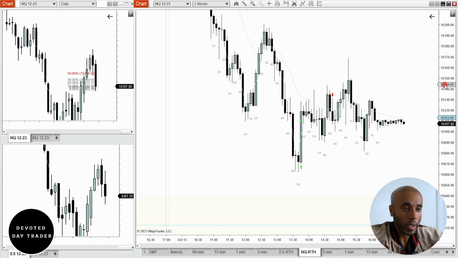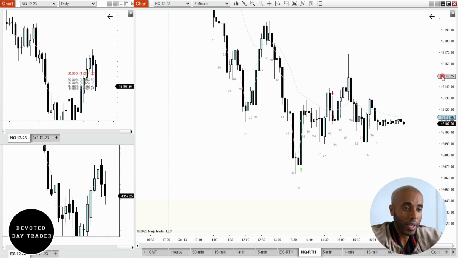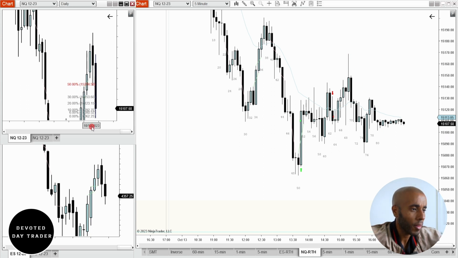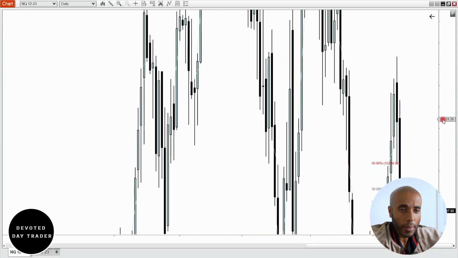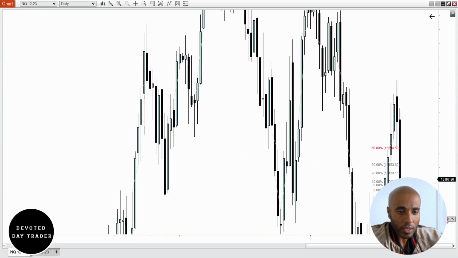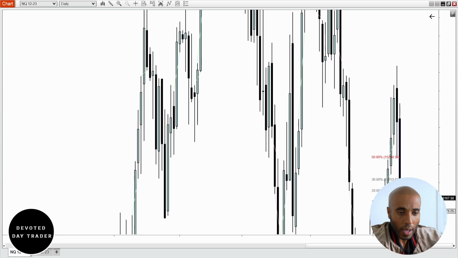But it's kind of interesting how everything lined up and it did go to that price, and it ended up closing. So this is the close. It actually ended up closing at slightly above 10%.